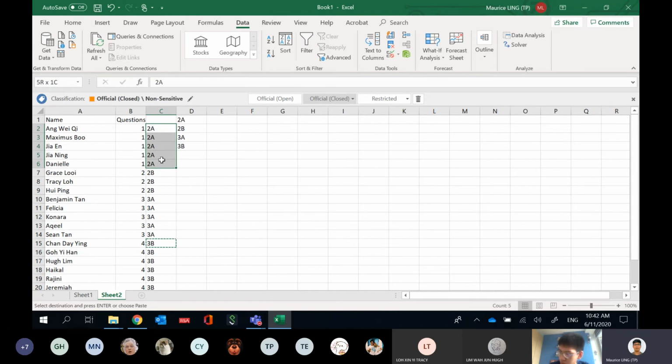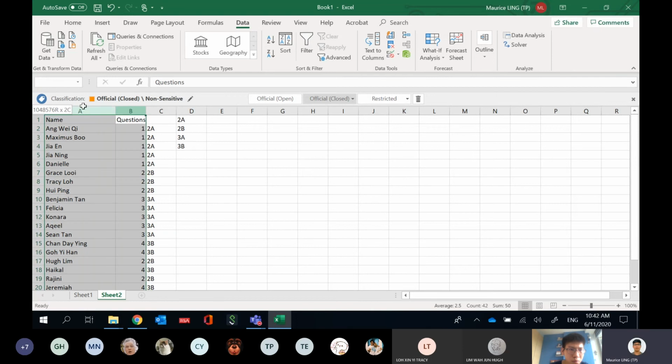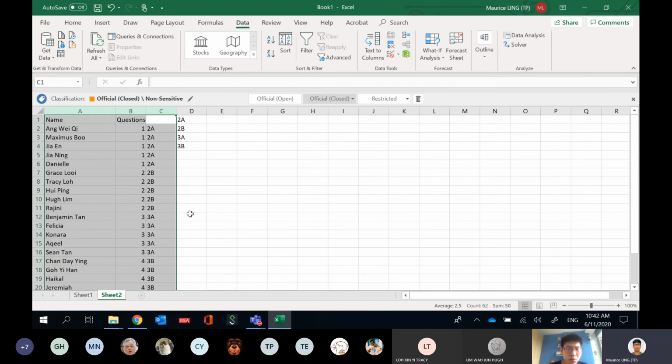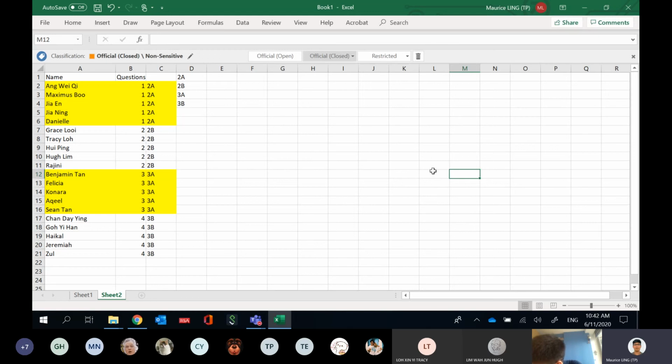Okay, now I have another two to slot into 2B. So I change to 2B and continue to 2B. Okay, good. Okay, so these are the choices.